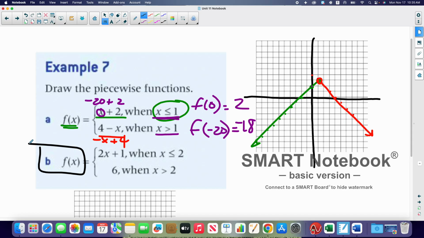Alright, let's put x less than or equal to... Six? What is 6?